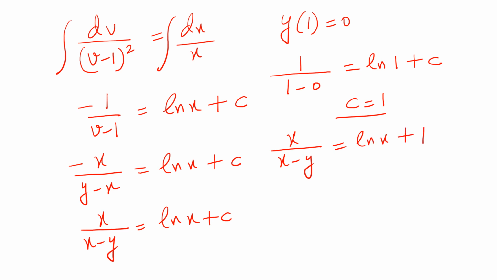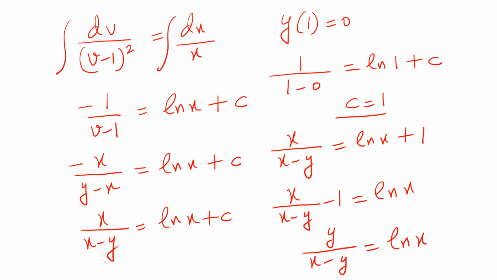Right? Now students, it can further be written as x upon x minus y minus 1 equal to ln x, or it becomes y upon x minus y equal to ln x. Now we will get the value of y in terms of x.